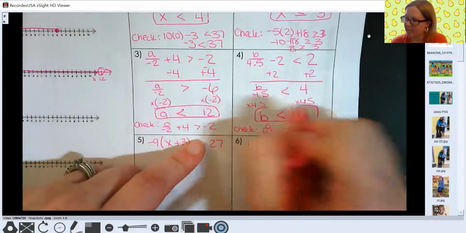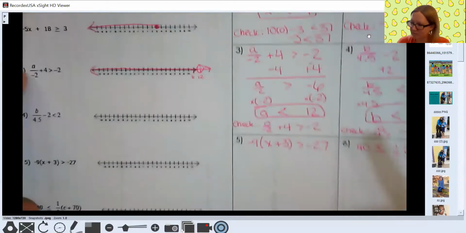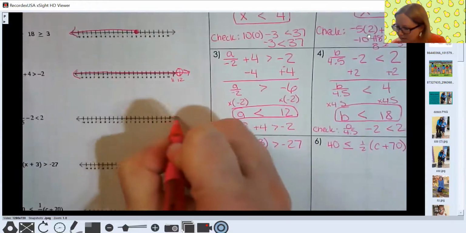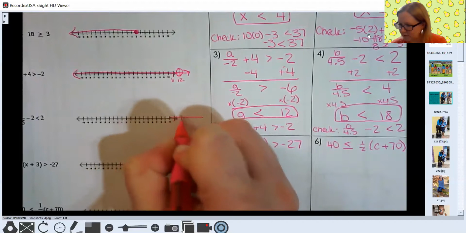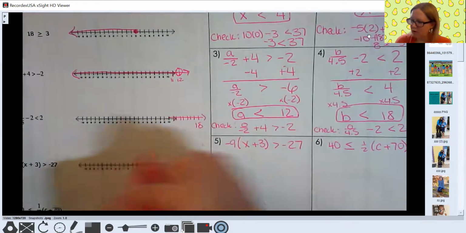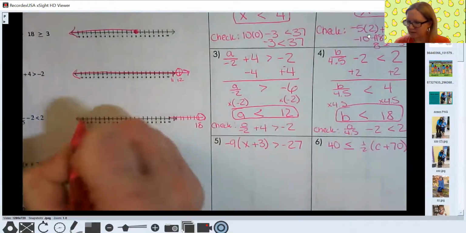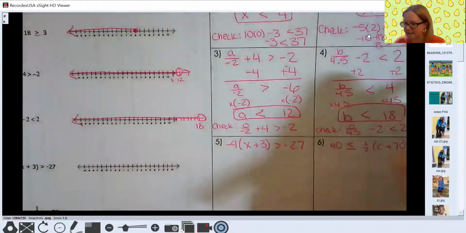So my solution on 4 is b is less than 18. For this one, you have 10, 11, 12, 13, 14, 15, 16, 17, 18. So open circle on 18, shade to the left. Just a coincidence that these are all less than so far.